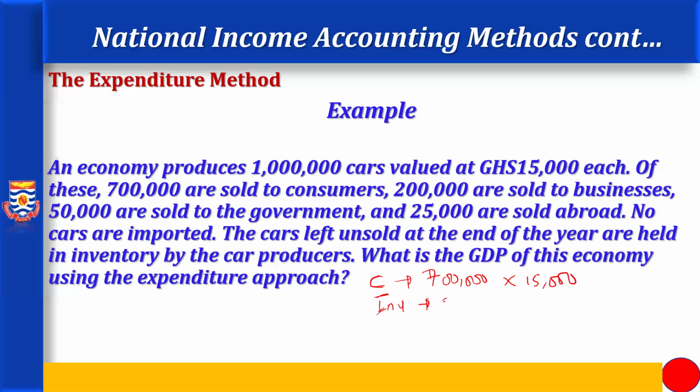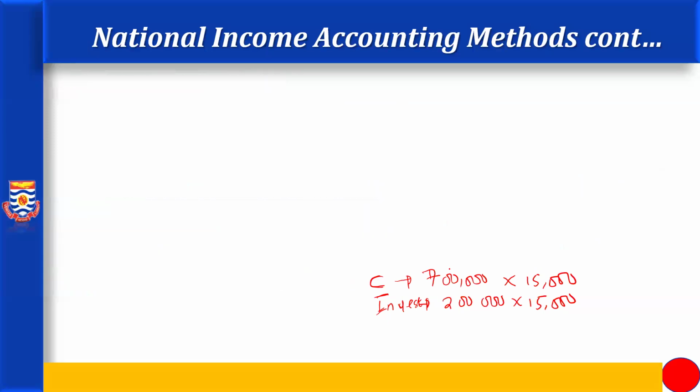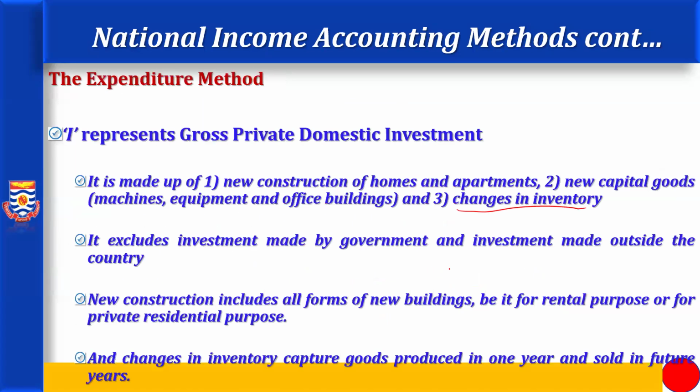The businesses bought 200,000 cars, and of course, the price of the car is 15,000. But remember, when we were talking about investment, we also said that any goods and services left as inventory or stock at the end of the year is also part of investment expenditure. So here, it includes inventory.